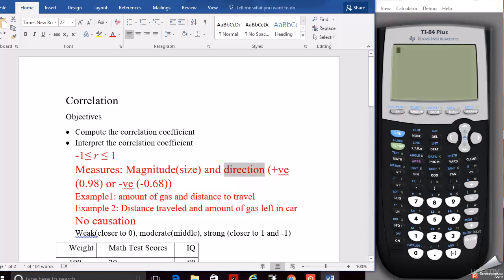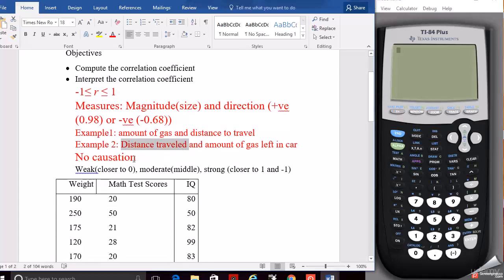So as the amount of gas increases, the distance you can travel will increase. This is an example of a positive relationship. The second example, distance traveled and the amount of gas left in your car, shows a negative relationship, because as the distance increases, the amount of gas left in your car will decrease.